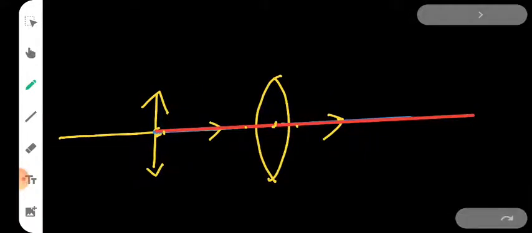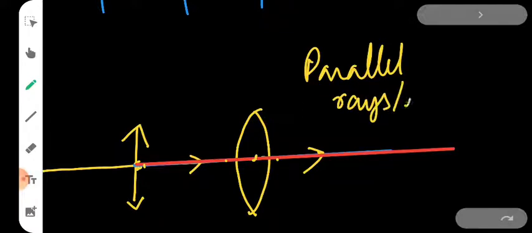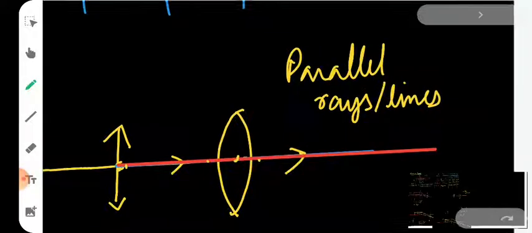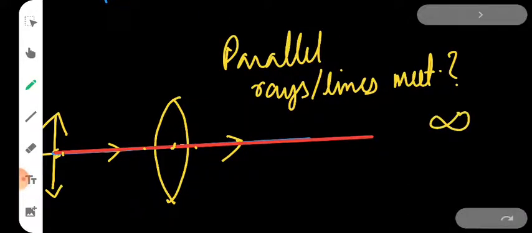And where do parallel rays or lines meet? They meet at infinity. They never meet. That is what infinity physically means.